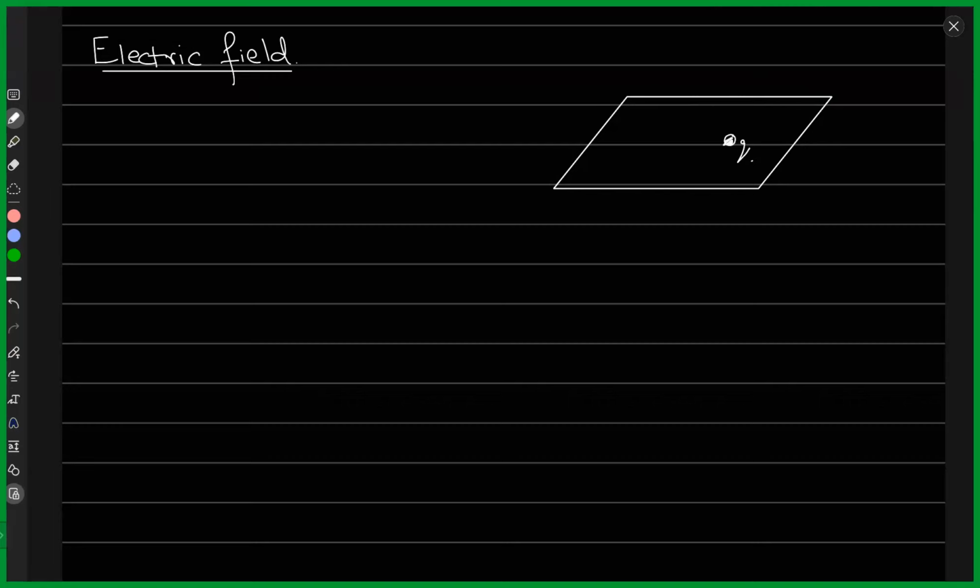So, in very simple words, you can define an electric field as a region of space, normally around a charge. And if I bring any other charge in the vicinity of this space, then it will experience an electric force.